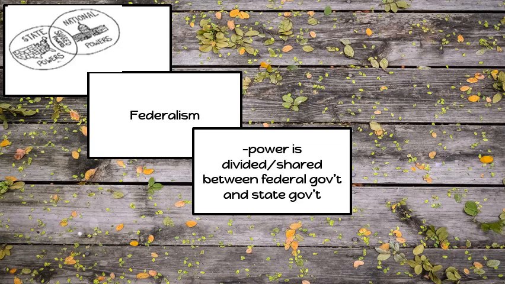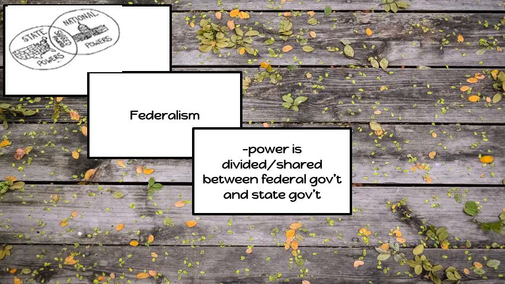So if you think of the national government pretty much as an umbrella over the entire U.S., we have to share that. The state level powers have to share their power with the national government. Yes, we are our own entity, but we are officially under the national government.